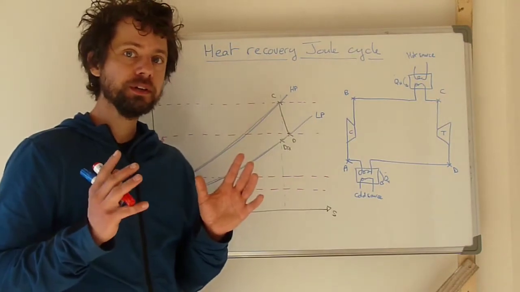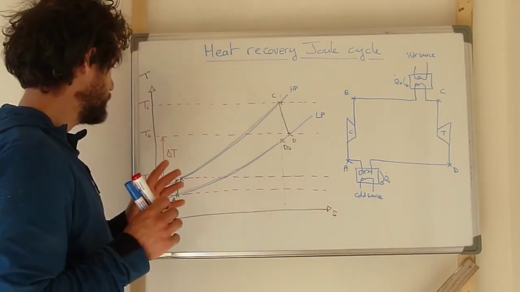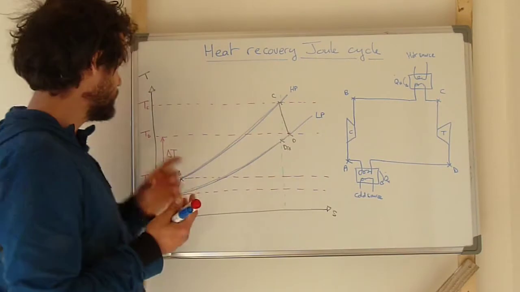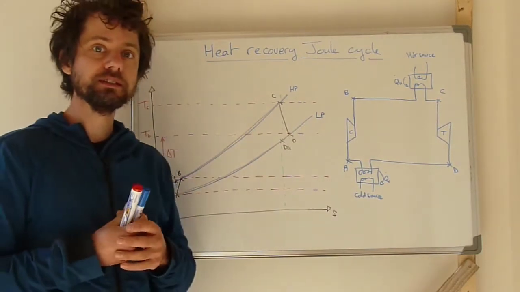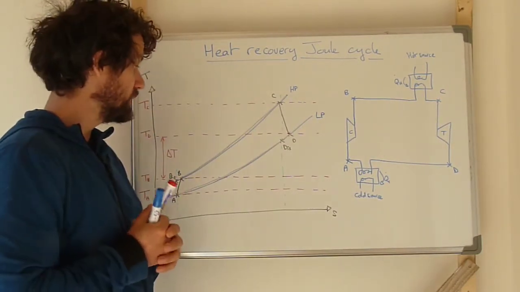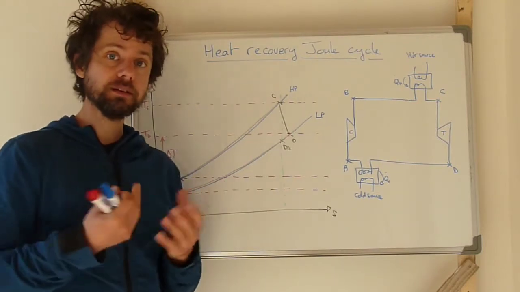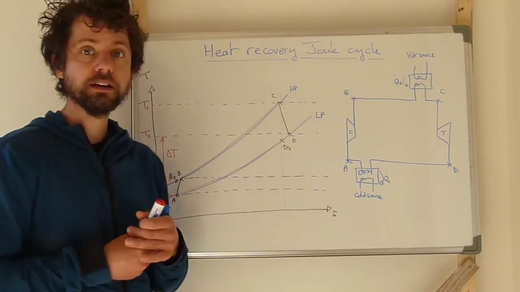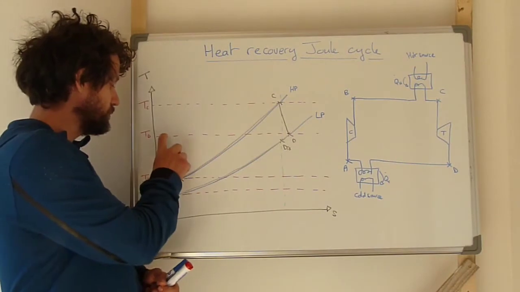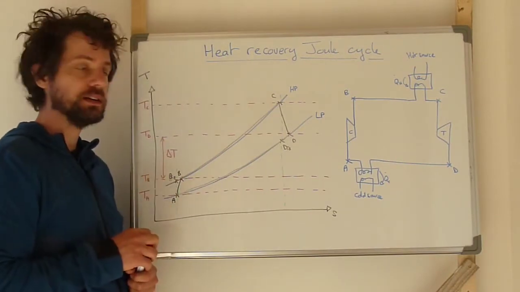Before going further, we can also talk about the availability of this difference of temperature, because depending on the parameters of the gas turbine cycle, there's not always positive delta T available here.